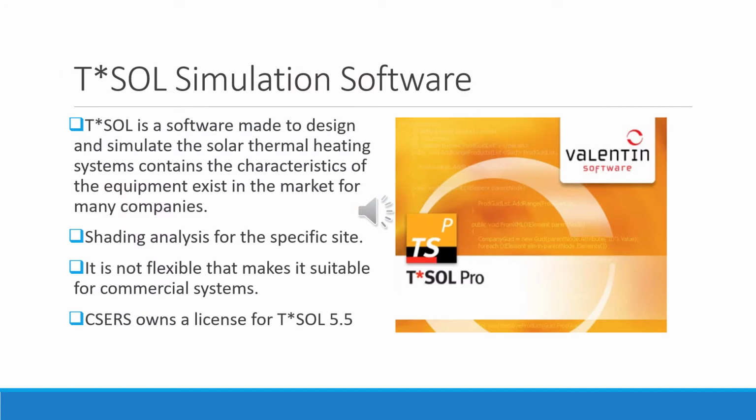TSOL is a program for designing and simulating solar heating applications. It does shading analysis for specific sizes. It was used for this study, where the Solar Energy Center Libya in Tripoli owns a license for it.